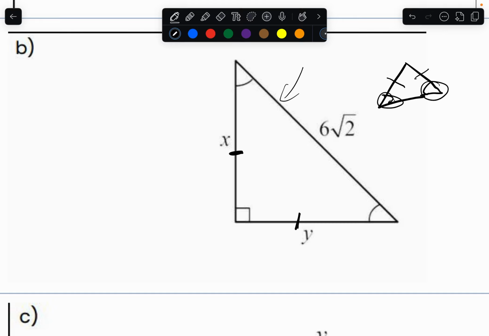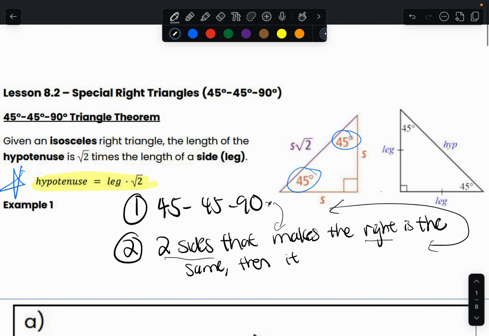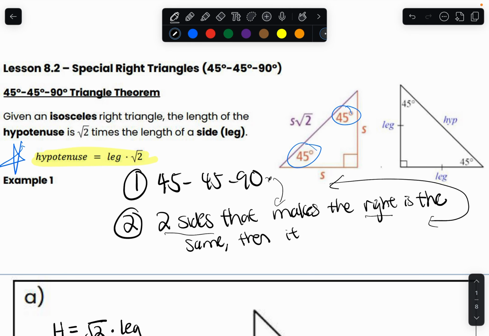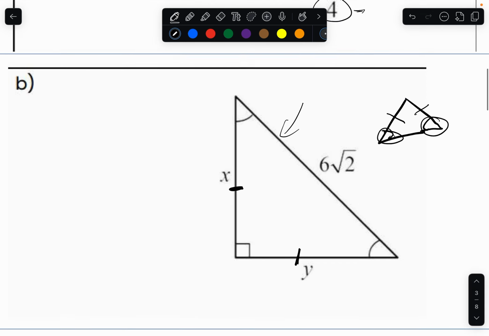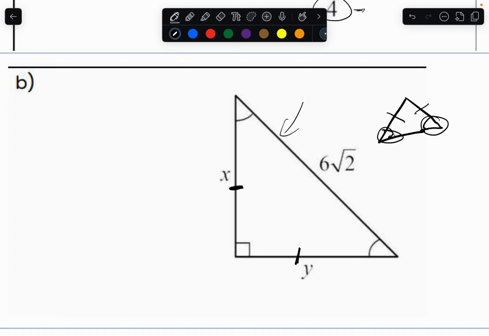Now, going back to the second criteria of my isosceles triangle, it says that if two sides that make a right angle are the same length, then it's an isosceles right triangle, or the 45, 45, 90 degree triangle. So if these two sides that make my right angle are the same length, which they are, then this is an isosceles right triangle.